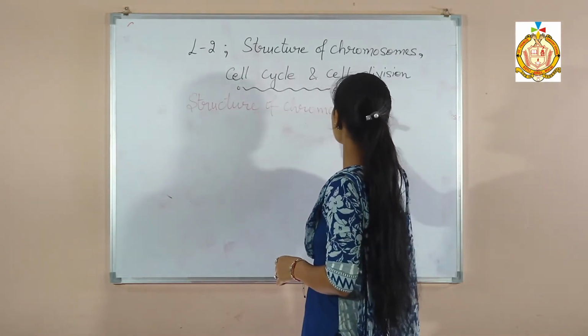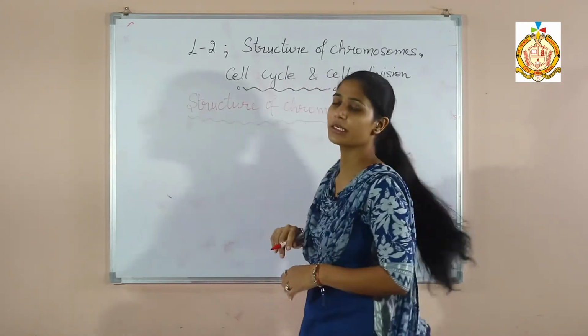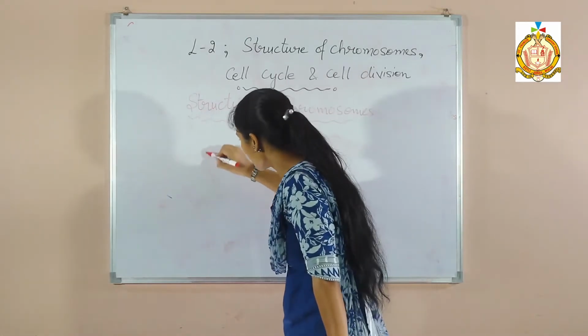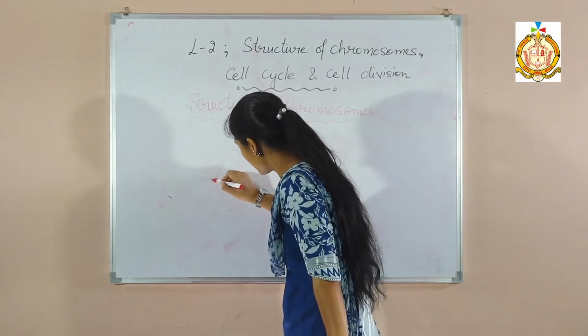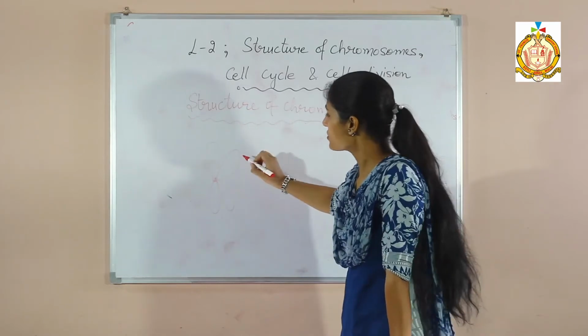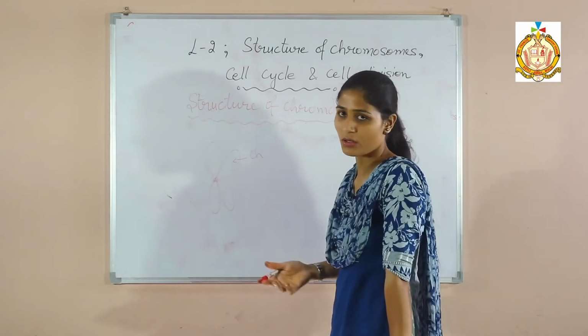As I told you, chromosomes are formed by the condensing of the chromatin material that is present in the nucleus. Now, the chromosomes are bilobed structures. This is the structure of a chromosome. Chromosomes have 2 chromatids. These are also known as sister chromatids.